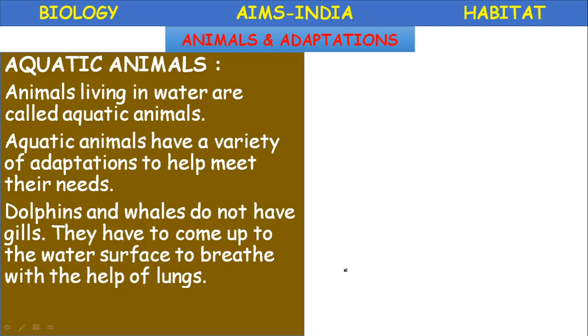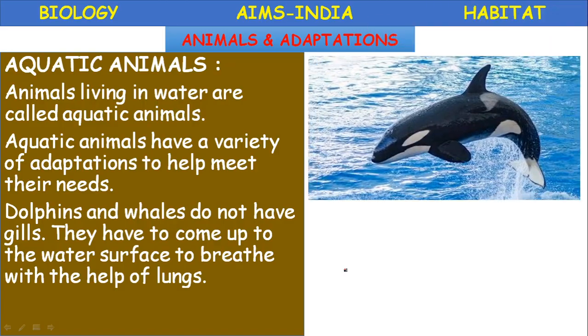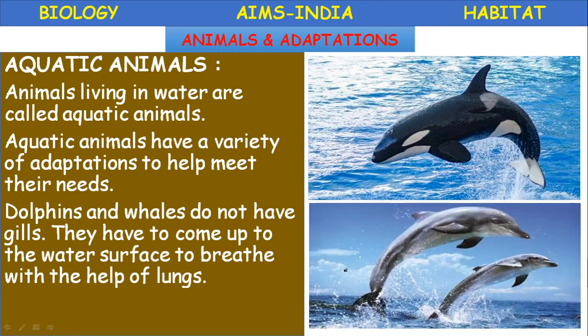Okay, and some animals in water like dolphins and whales do not have gills. They have to come up to the surface of the water for breathing. They breathe with the help of lungs.